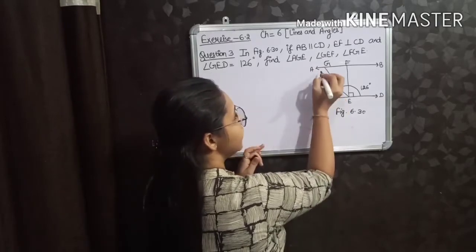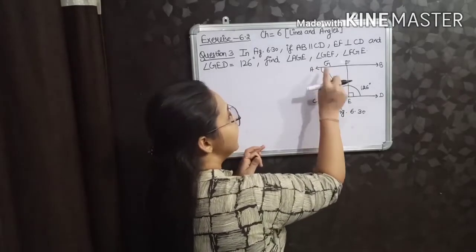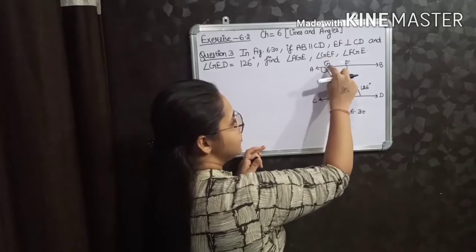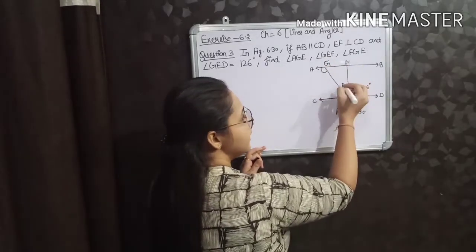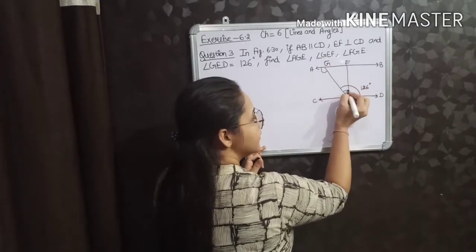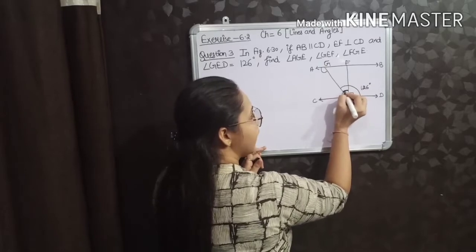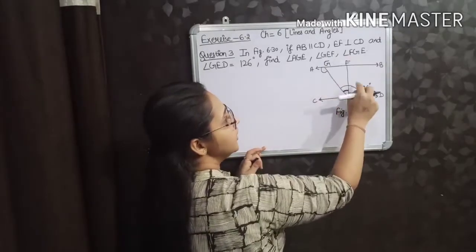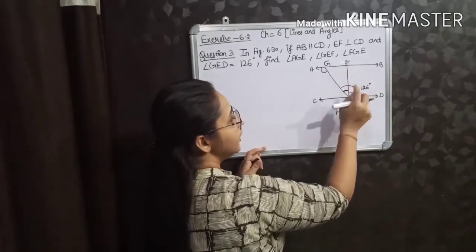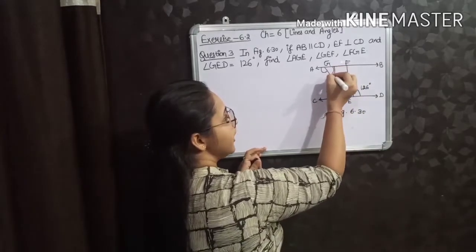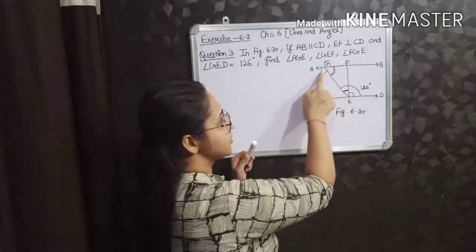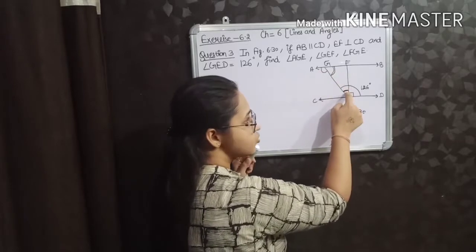This angle. This we have to find. Angle GEF. GEF. It means only this part. And FGE. This part. So we have to find three angles. First this, then this and this small angle.